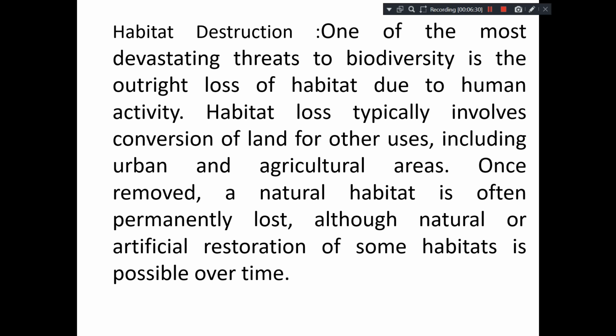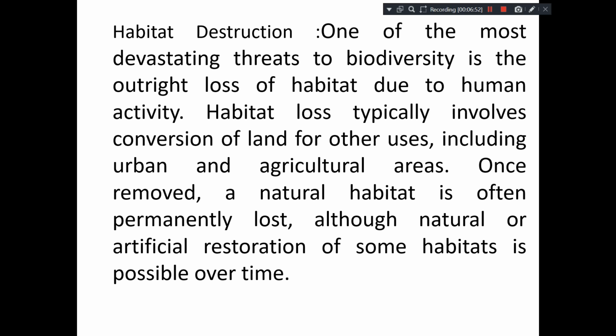For example, if there's a forest and you convert that into an areca nut garden, coconut orchard, coffee plantation or even a rice field, then the already existing flora and fauna will have to face danger. Or an urban area comes up, a city, town, agriculture area.